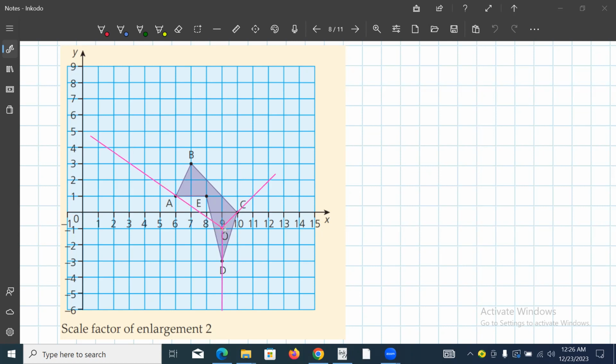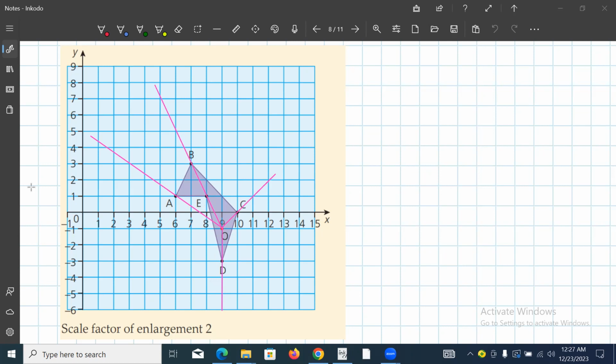And then O to B, pass through B, and lastly, B and that E point are on the same line. We will try to find out.